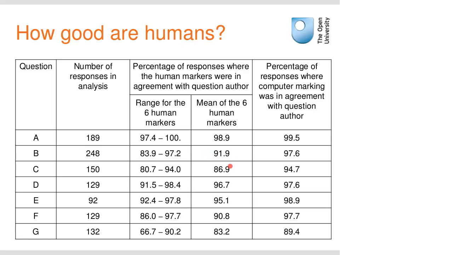One other slightly interesting thing about this data: question G was clearly the hardest to mark. The computer's down at under 90% and the humans are down at about 80%. It turns out that this is a fairly badly worded question. It was about reading some data off the graph, and it wasn't entirely clear which point they wanted you to pick.